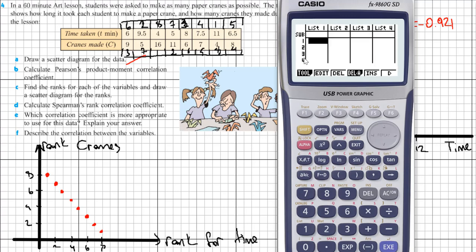So we go 6, 2, 8, 7, 3, 4, 1, and 5. Then 3, 7, 1, 2, 8.